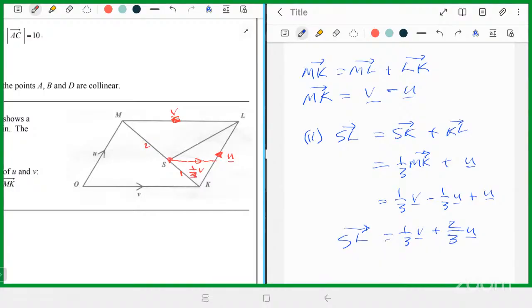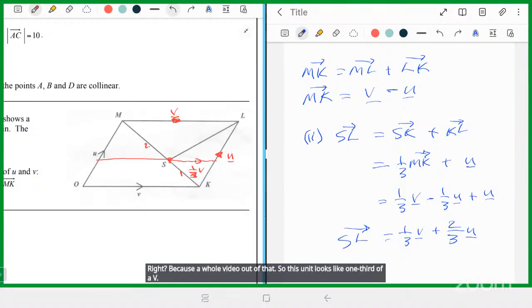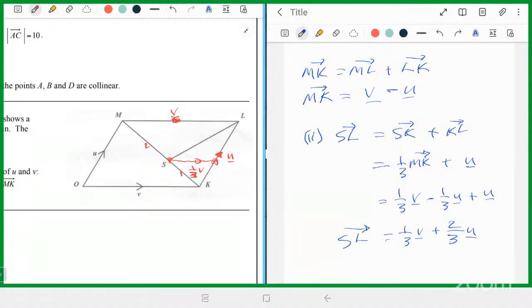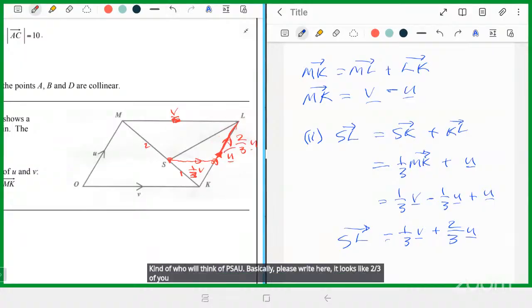Right? Because a whole V would be all of that. So this really looks like 1/3 of a V. And when we get to here now, we need 2/3 of a U. From here to here, really looks like 2/3 of a U. Because the whole thing up here says U. So this little piece right here looks like 2/3 of a U, and you're going in the same direction as a U. That's why it's a plus 2/3 of a U.